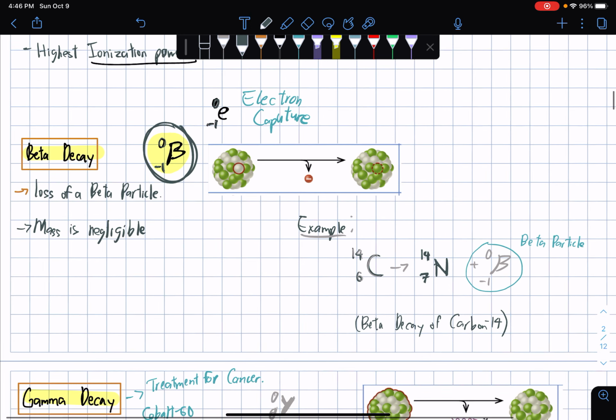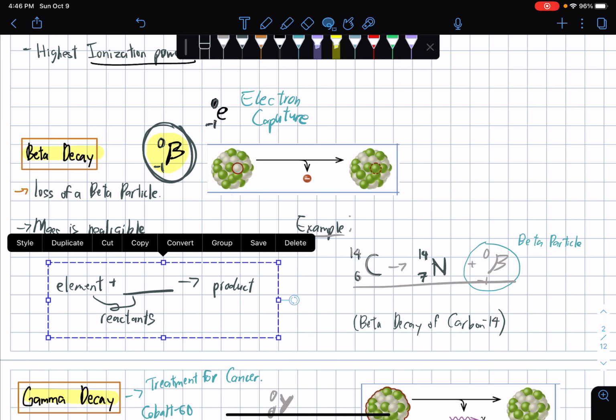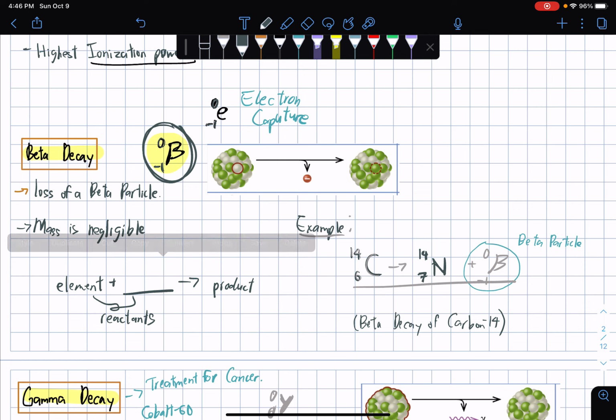What I mean by equation is this kind of thing. Usually you have an element here plus the radioactive particle, and the product. Basically, these are the reactants. This kind of equation is more relevant in the context of the keyword absorbs.